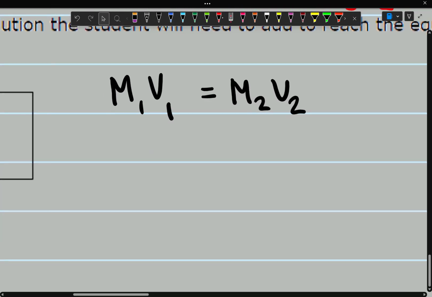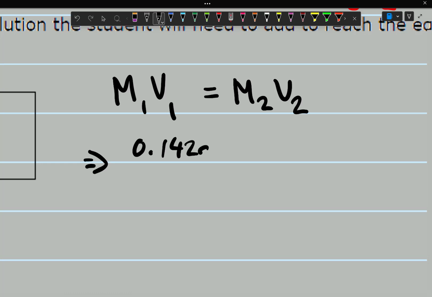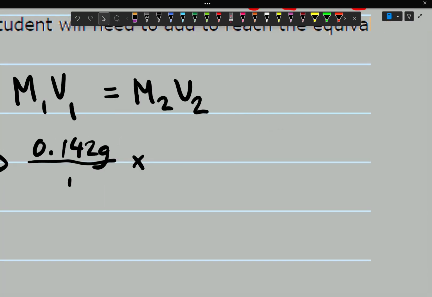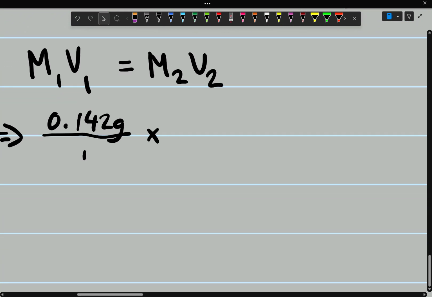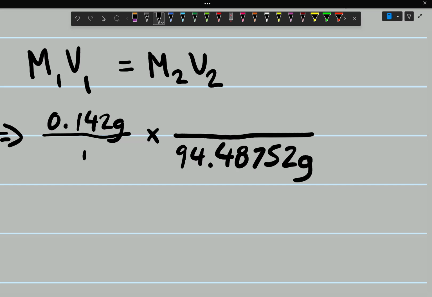And so now we just want to convert from grams to moles. So we are given 0.142 grams of acid. And if we multiply that by our molar mass ratio, put the grams on the bottom, 94.48752 grams of acid per every 1 mole.